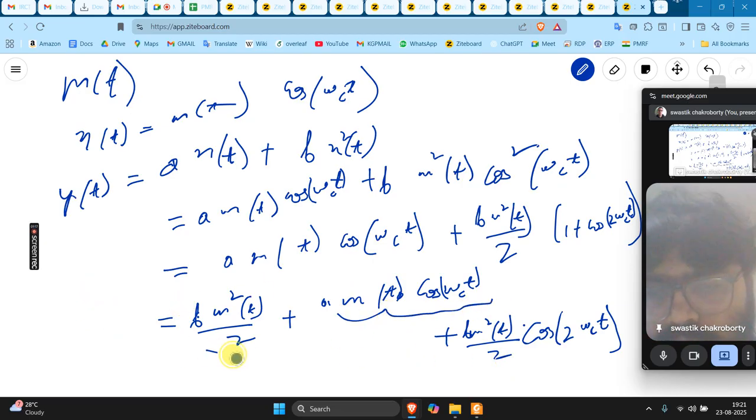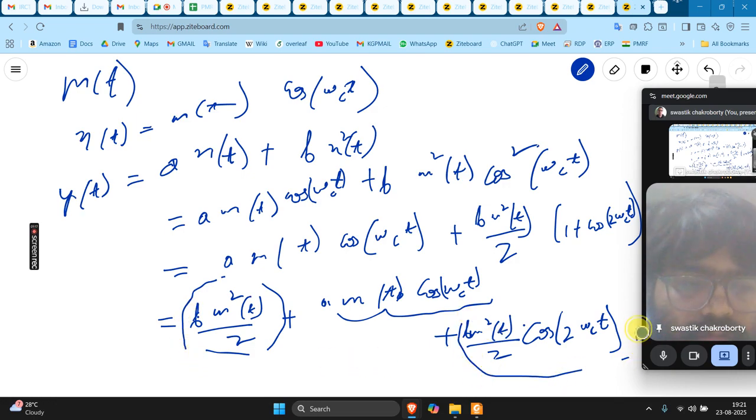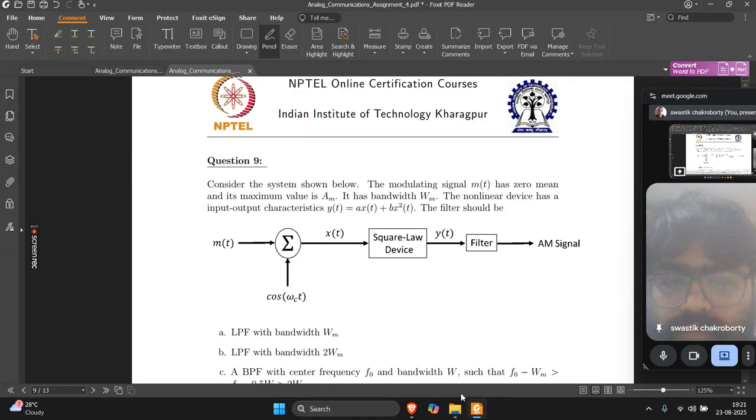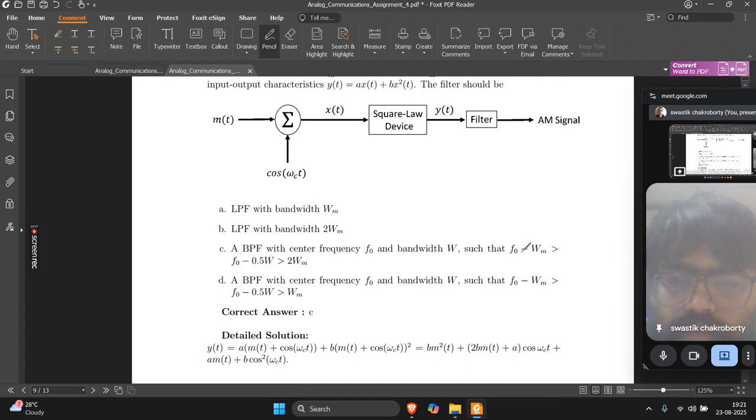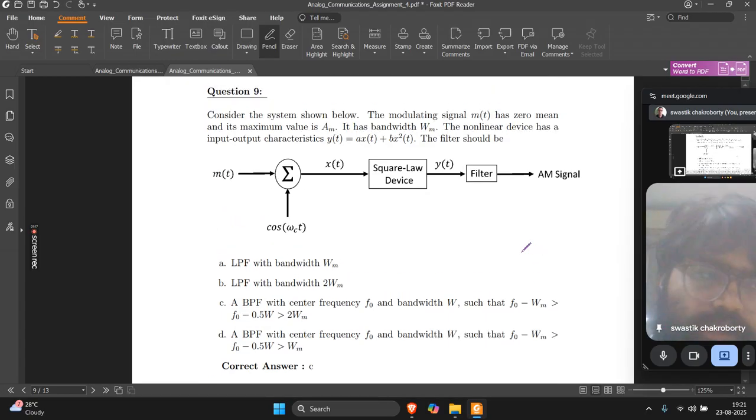We don't want this. We don't want this. So we need to design a BPF, because we have to filter out two terms, not one, but two terms. So options A and B can be easily eliminated. Now the choice is between option C and option D.